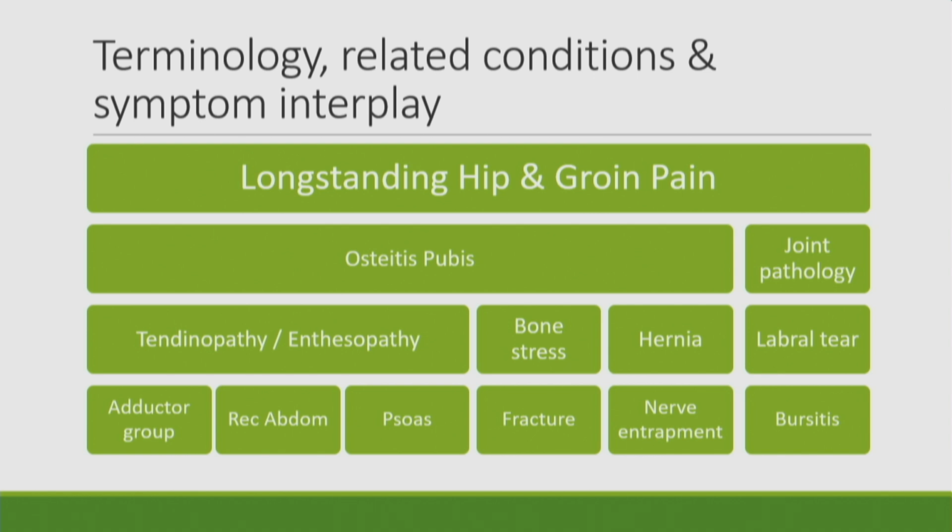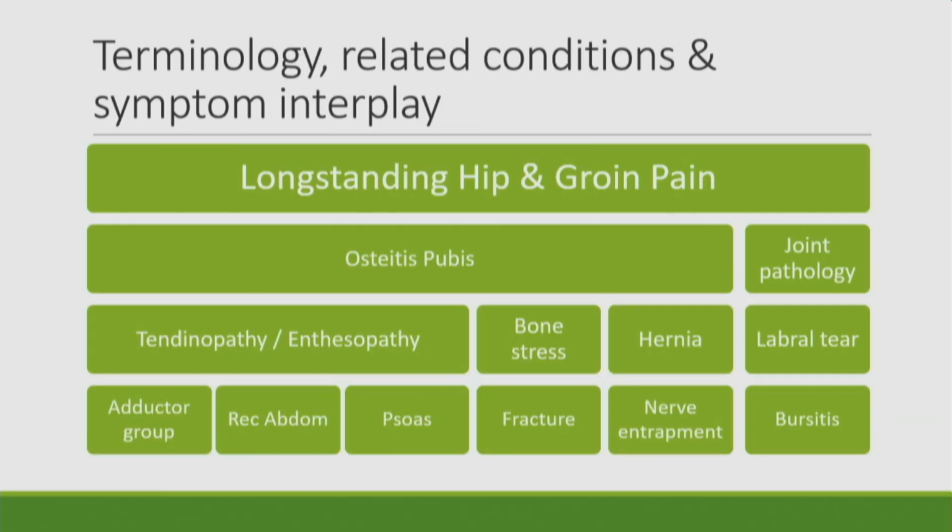Of course, underneath that we can see the adductor group, rectus abdominis and iliopsoas can be some of the muscles that are involved in a hip and groin pain presentation. And then there could be another sub-branch under the adductors, of course, as well, because there's quite a few of those. Outside of that, the osteitis pubis term also encompasses things like bone stress. So that could be osteoedema or another stressful condition where the bone is implicated, as well as fractures as well, which are less common but still prevalent.